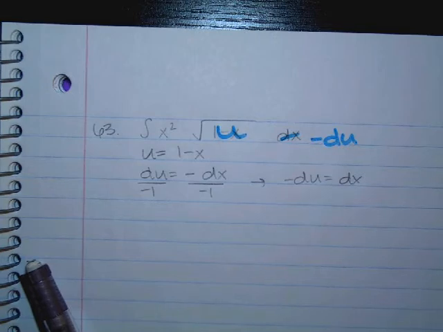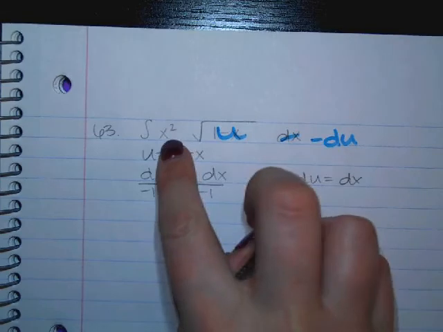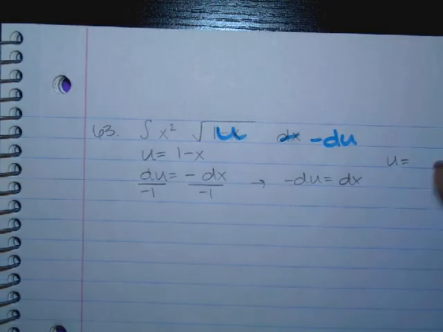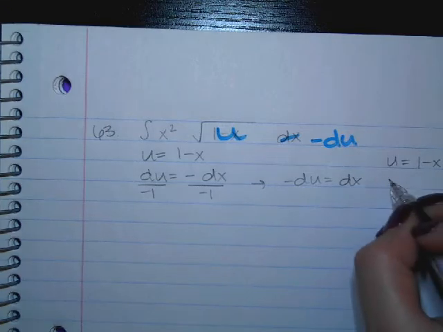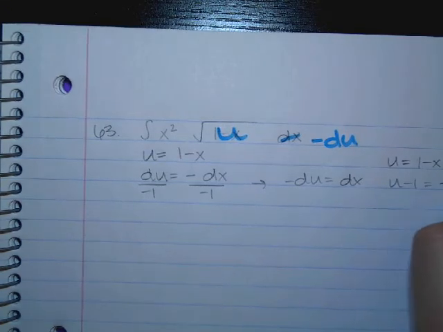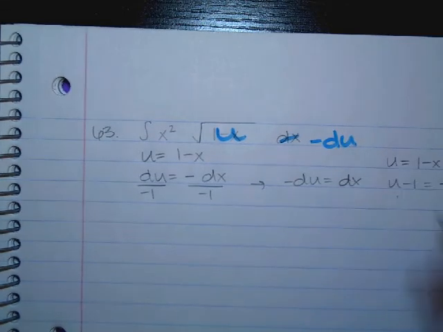X is 1 minus u. It's actually an x squared in the front. So minus the 1. U minus 1 equals negative x, so it's 1 minus u is x. 1 minus u squared. That hurts my brain so hard. Oh, I'm just going to leave it like this.